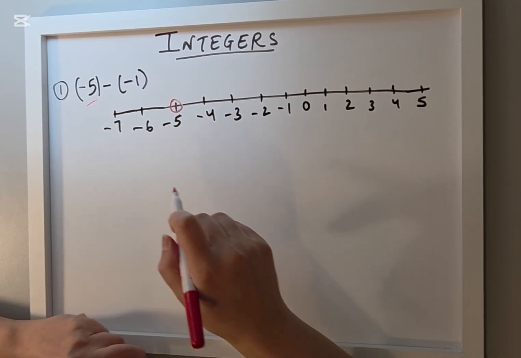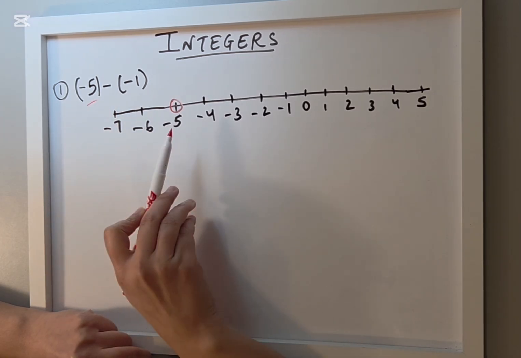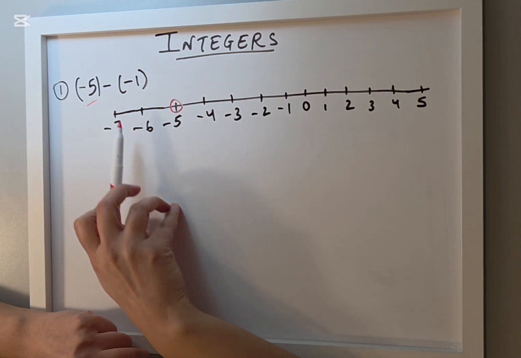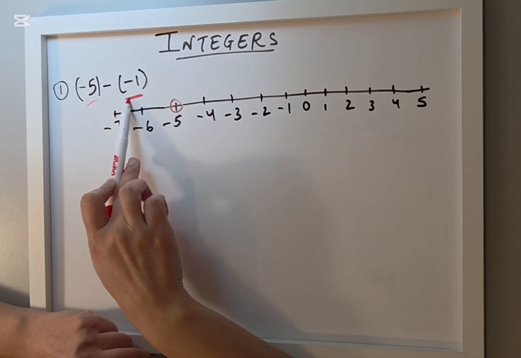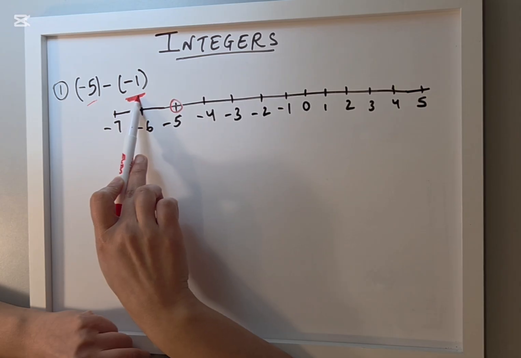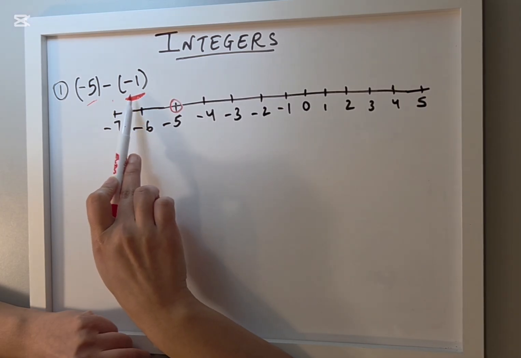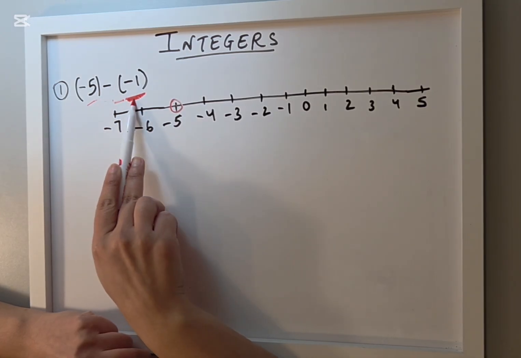So we see minus 5 minus, so we are ideally supposed to go towards the left, but what do we see? It's a negative number. So this negative number is cancelling the negative effect.